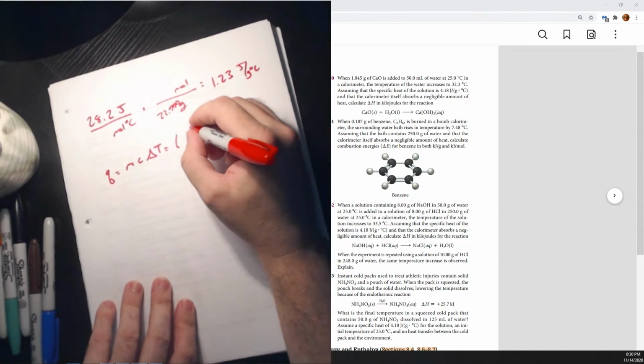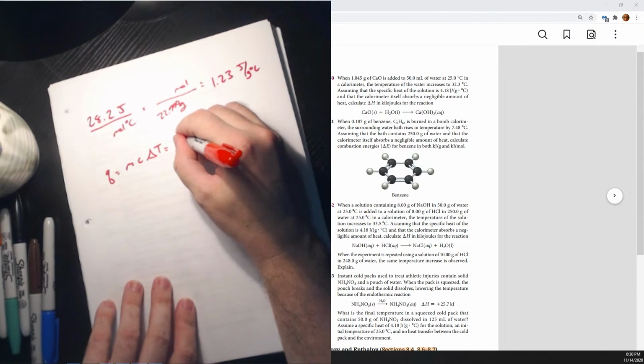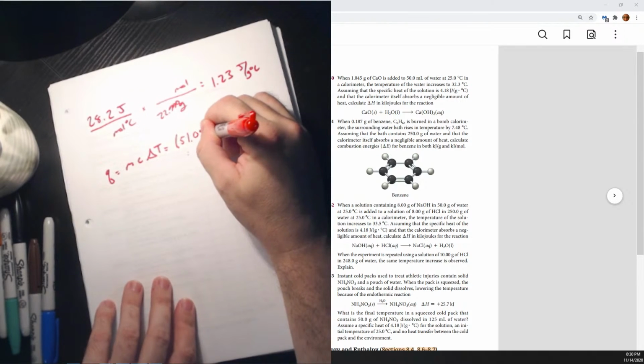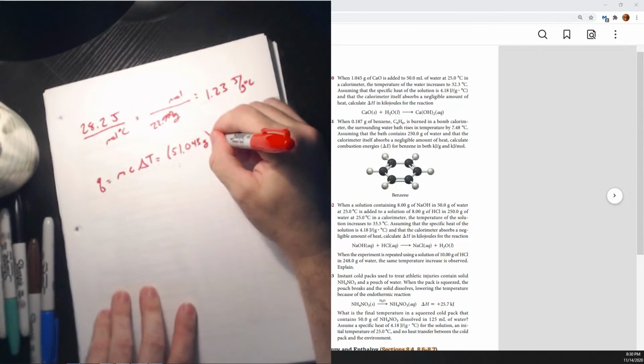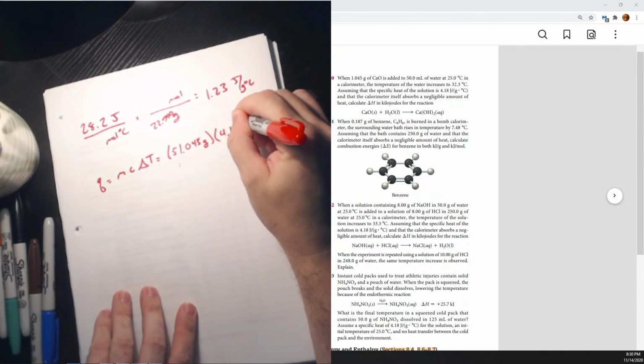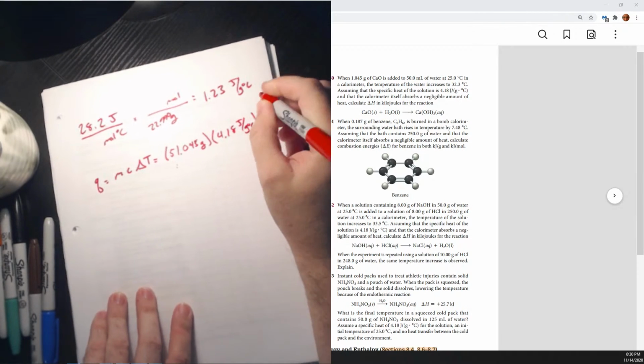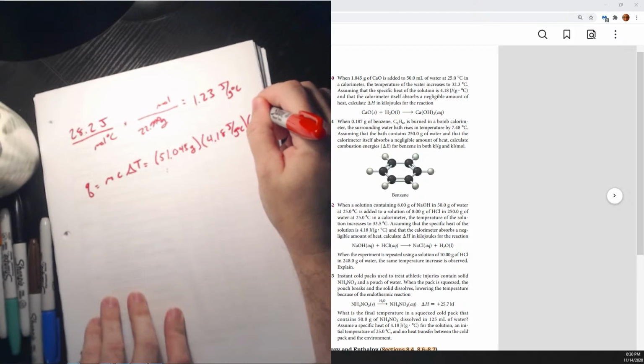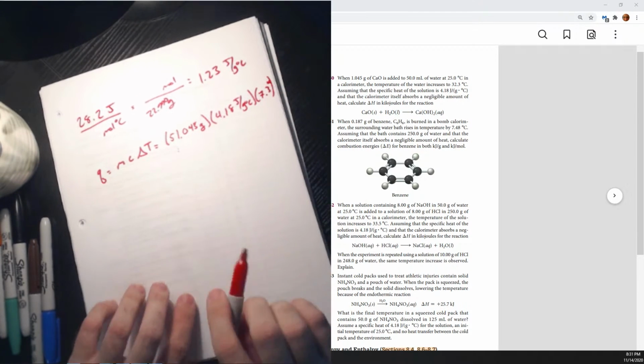So that would be 51.045 grams for our solution, 4.18 joules per gram degrees Celsius, and then a temperature change of 7.3 degrees Celsius. All right.